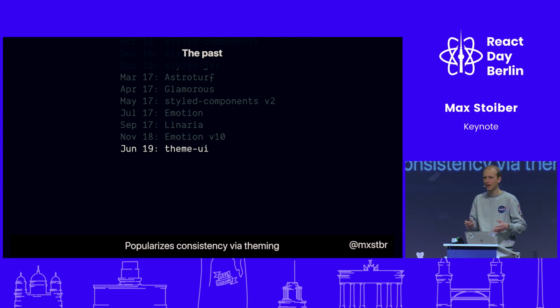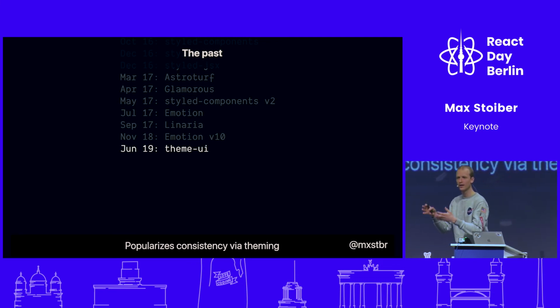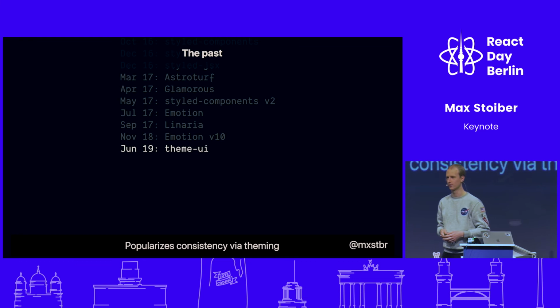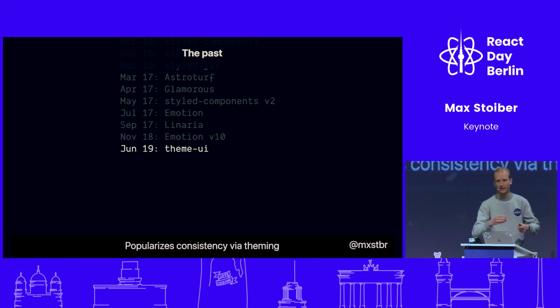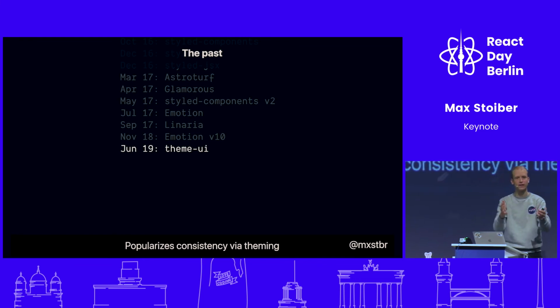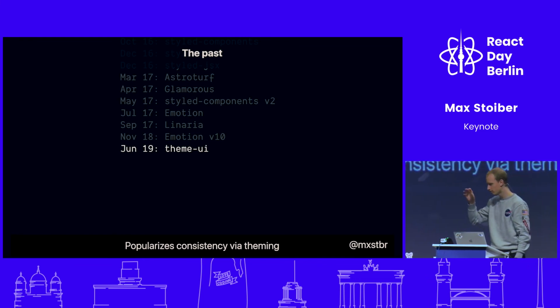Now, as you hear me talk about all of these things that were launched, you'll notice something. I love them all, right? I don't discriminate any of them. I made styled components. I think styled components is the best, clearly. But to be honest with you, it really doesn't matter. All of these libraries are great. And the reason they're all great is because we all copied everything from each other. Somebody came along and had a new idea, a new invention, and they built a library for it, and they announced it, and they talked about it.